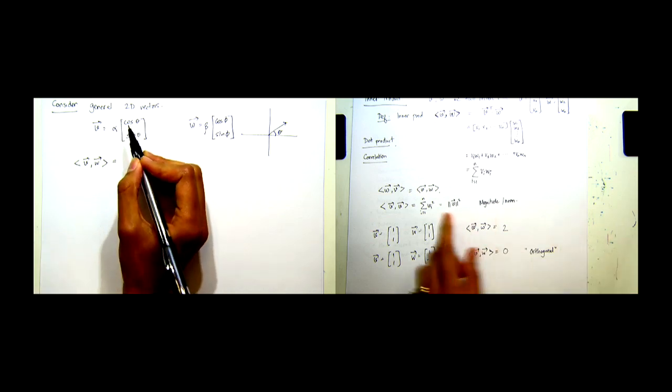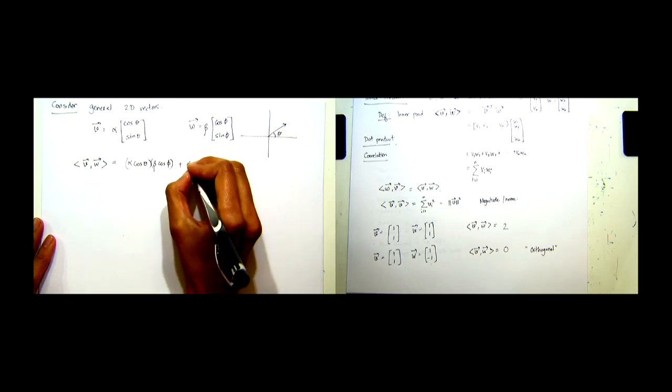Okay, how many people have plugged the numbers into the formula? Yeah? Okay, let's do the plugging in together, right? So what is the first coordinate of V? Alpha cos theta, right? So I basically take V1 W1 plus V2 W2.